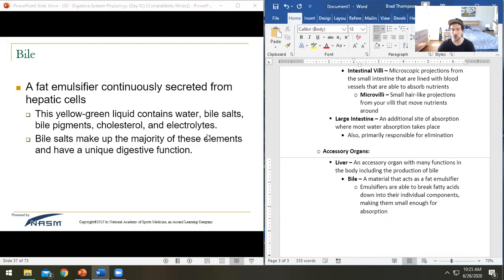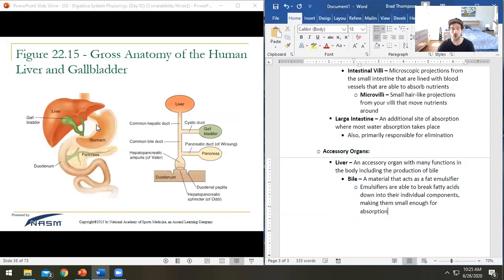It's this yellow-greenish liquid, and it's stored in the form of little bile salts, right? That's actually what's created by your liver. Now it's going to be stored in this little pear-shaped organ called your gallbladder, right? It's a little bit larger than a golf ball.